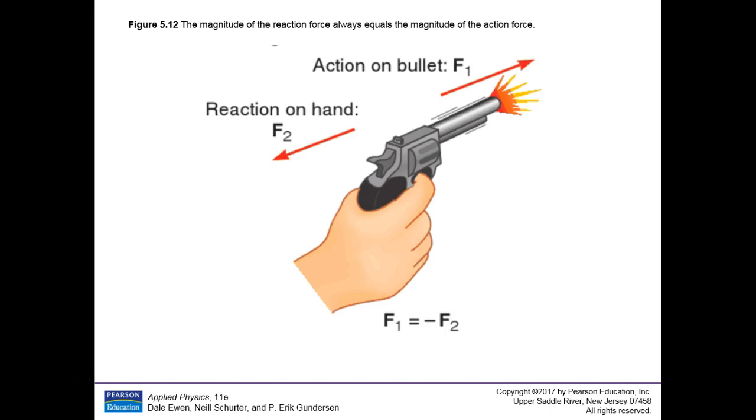Now, if you've ever fired a weapon, let's do the pistol like they've got here. It's just bang and it goes, right? No, it's bang and it goes like this or like this. Because even though you're pushing a very little bullet out of here, the force that you're exerting on the bullet is equal to the force that the bullet and the explosion is doing on you.